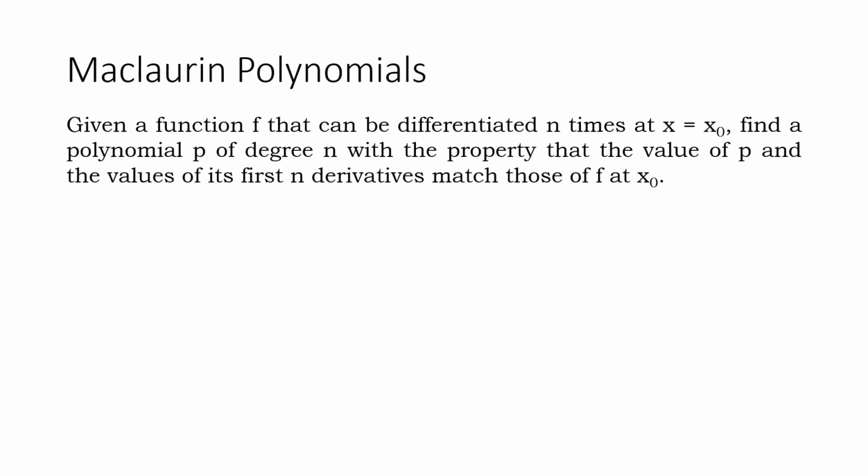Now let's have the Maclaurin polynomials. It is natural to ask whether one can improve the accuracy of a local quadratic approximation by using a polynomial of degree 3. Specifically, one might look for a polynomial of degree 3 with the property that its value and the values of its first three derivatives match those of the function f at a point.